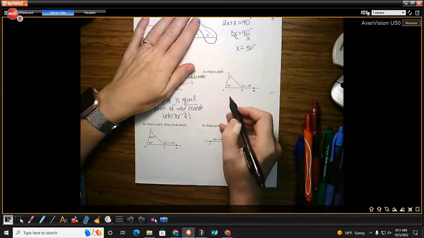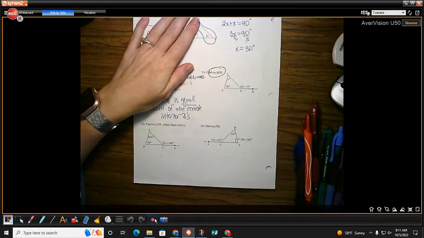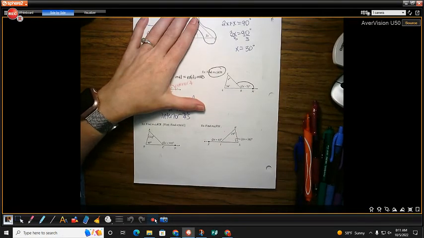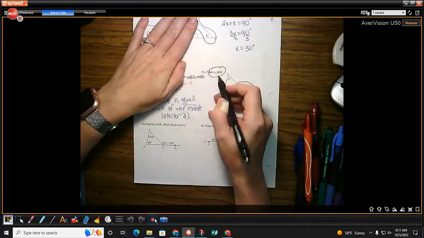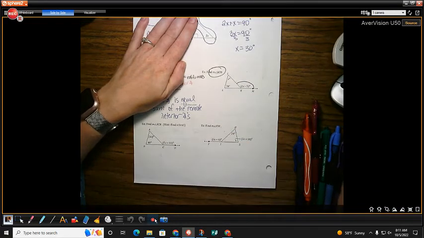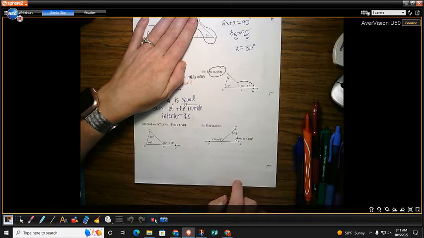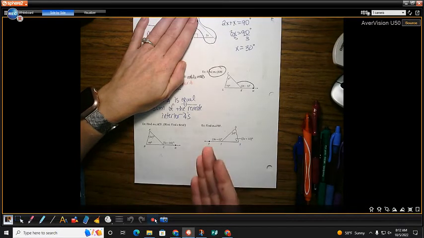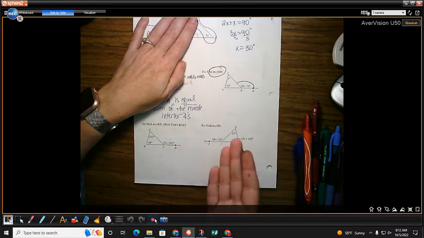Let's try this problem. It says find the measure of angle JKM. Find it. Oh, there it is. Oh wait, that's the angle. It wants us to find the measure. Ah, so close and yet so far. How are you going to do it? You're going to have to look at the picture and figure out what I have here that might be useful.